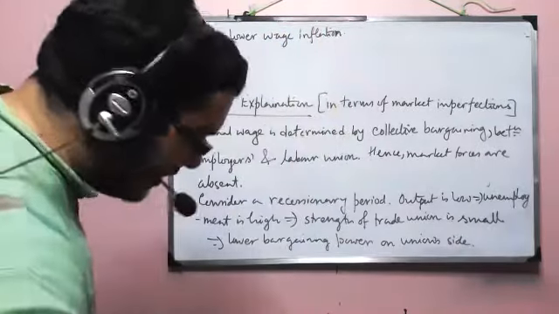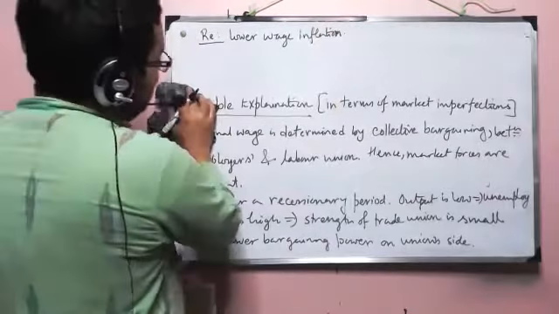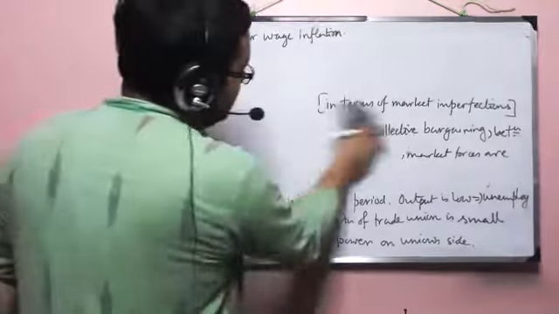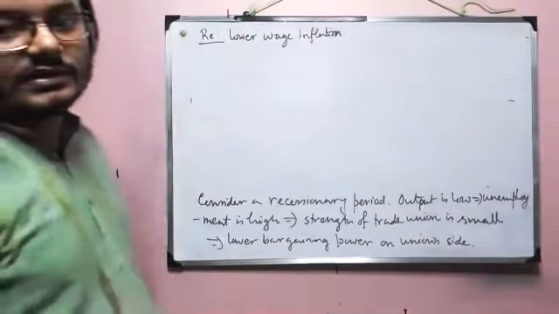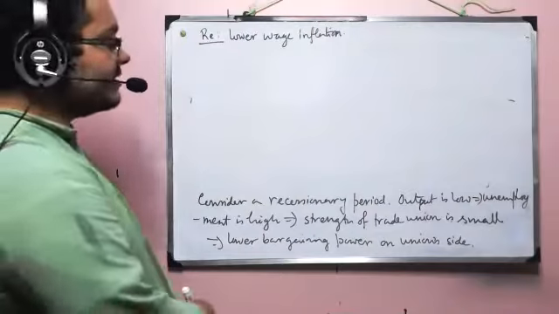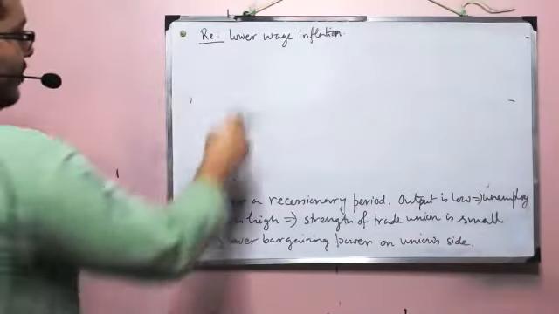So in terms of bargaining, the idea is very simple: you have two parties. One of them is small in strength because of recession, and that's the labor union. And since labor union has lower strength, the result of the bargaining will be biased towards employers, resulting in lower wage inflation.